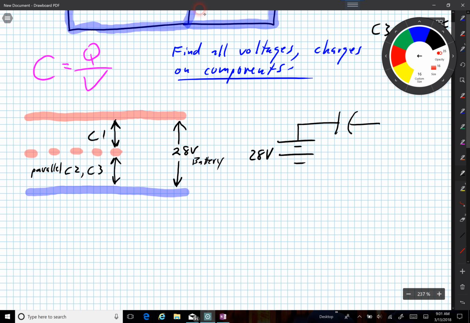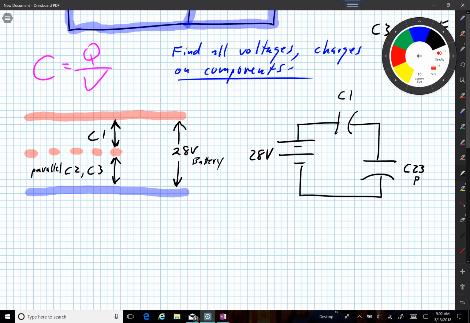I've got C1, and this is C1, and this is C2, 3 parallel. Okay, C2, 3 parallel. It's a combination of capacitor 2 and 3, and they're combined using the rules or the equation for parallel.